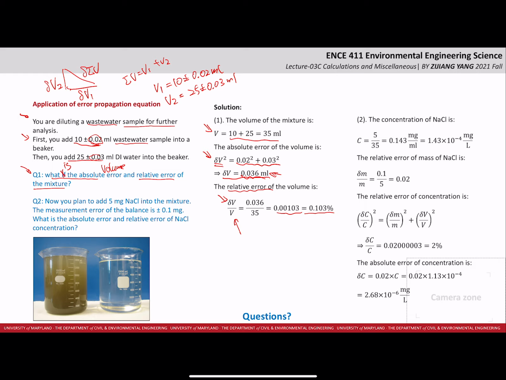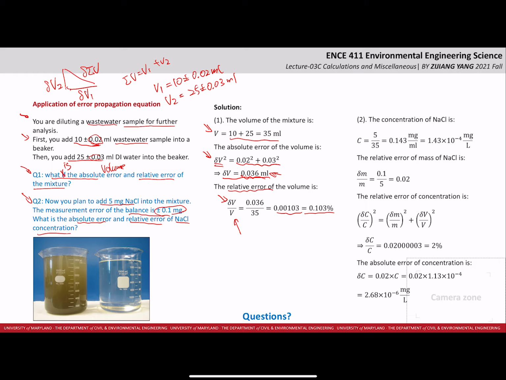Then for the second question, now you plan to add 5 milligrams of sodium chloride into the mixture, and the measurement error of the balance is this one. The question is, what is the absolute error and relative error of the sodium chloride concentration?